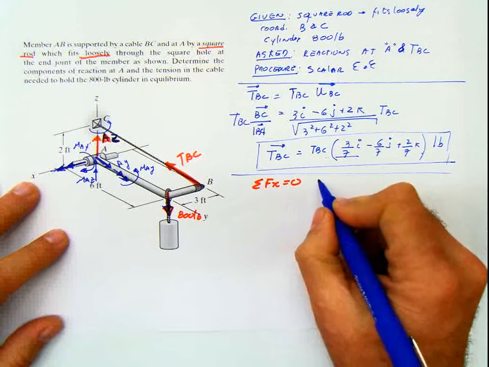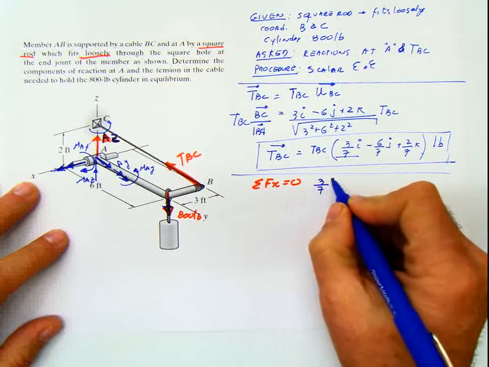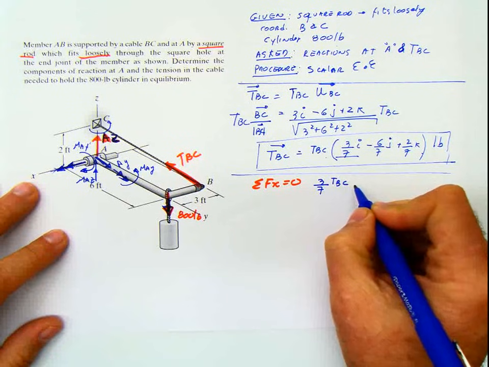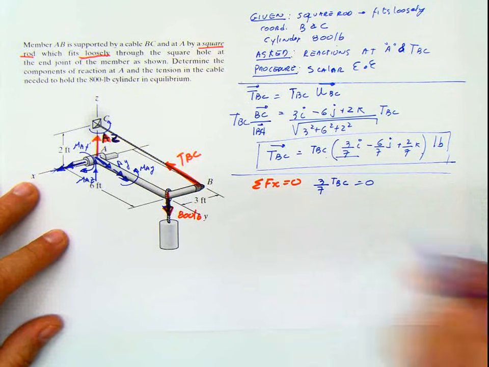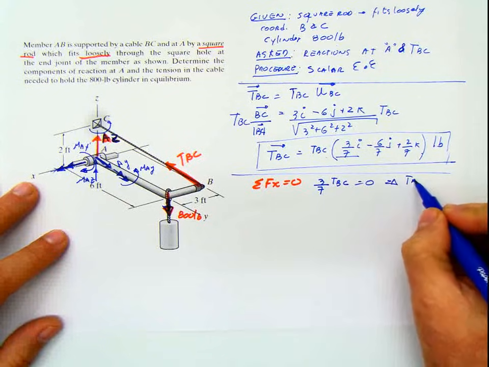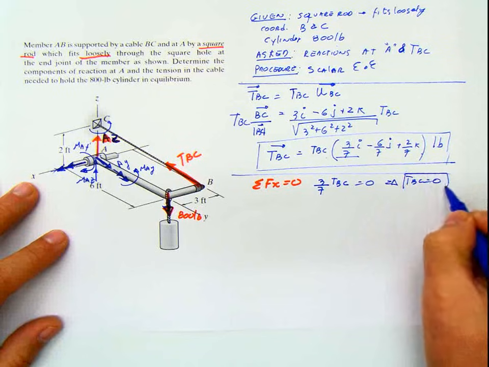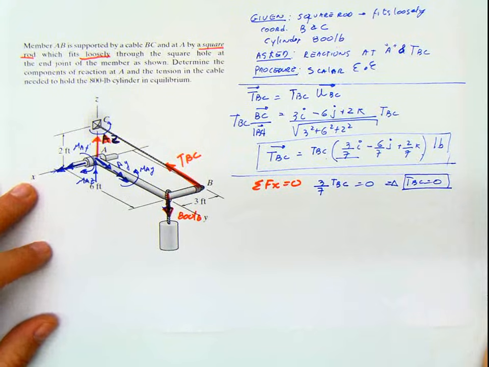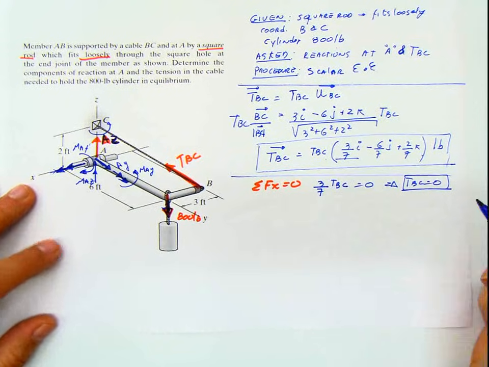So basically we have 3/7 of TBC equals 0 because there's nothing else applied there, nothing else resisting it. Then TBC is 0. Look how easy you got the first unknown here.